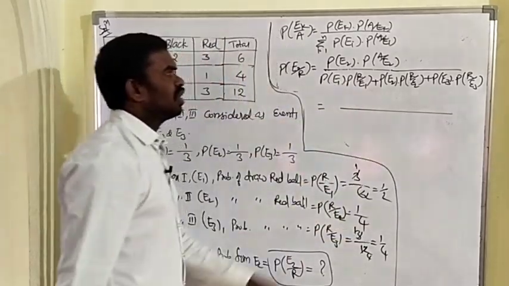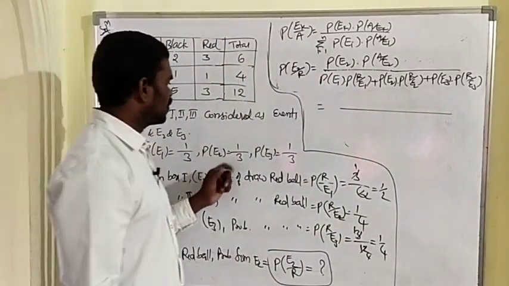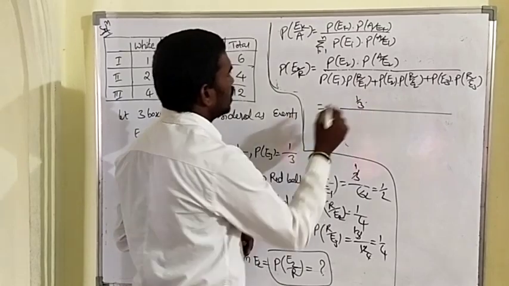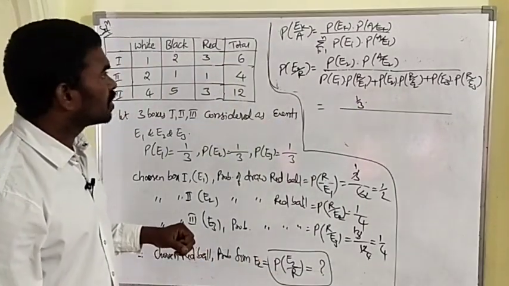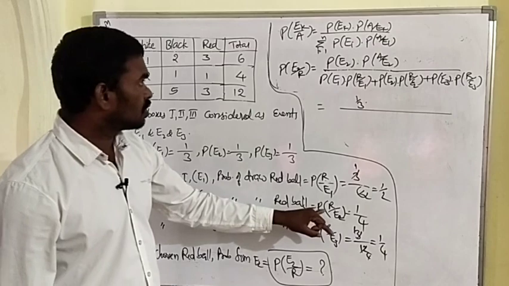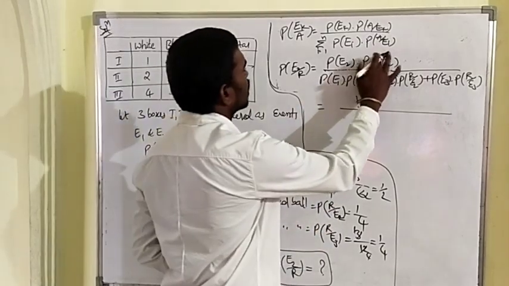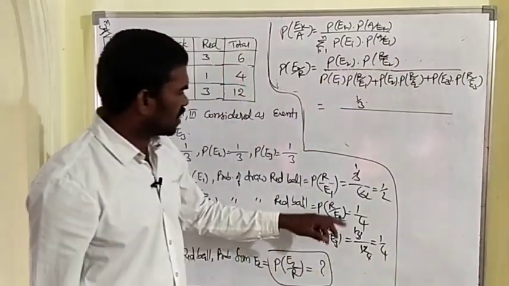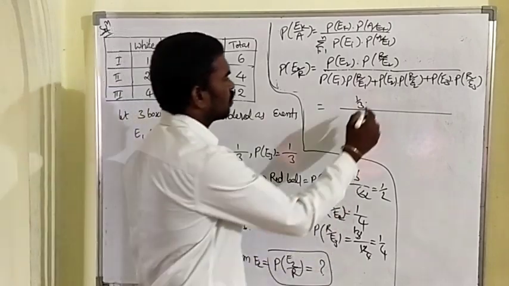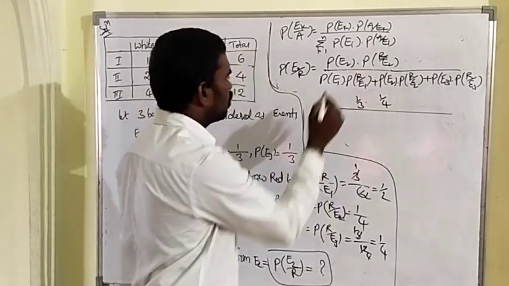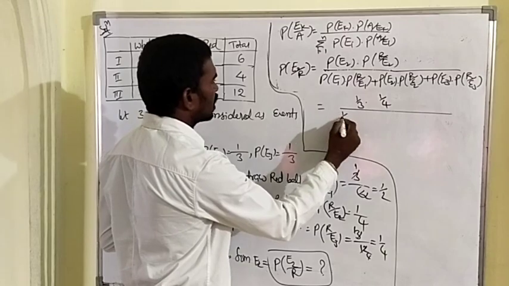So now substitute. What is probability of E2? 1 by 3. And the probability of A by E2, A means what here? A is nothing but R. R by E2 is 1 by 4. Next probability of E1 is 1 by 3.